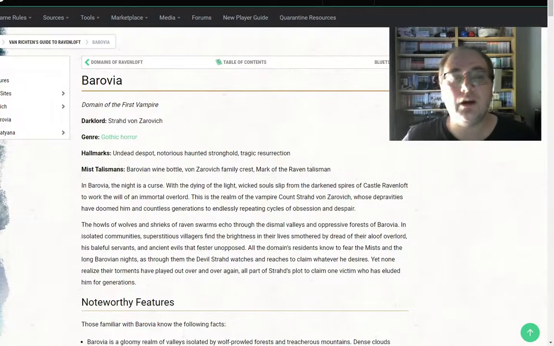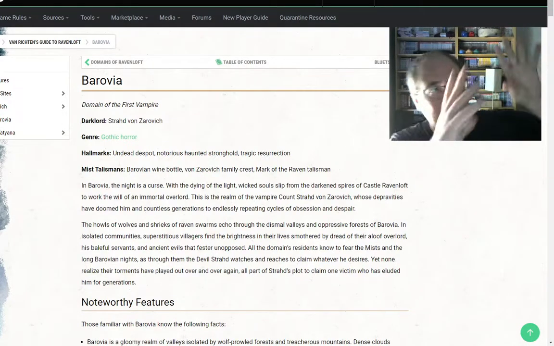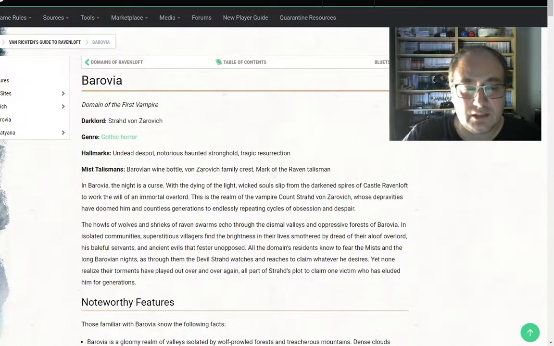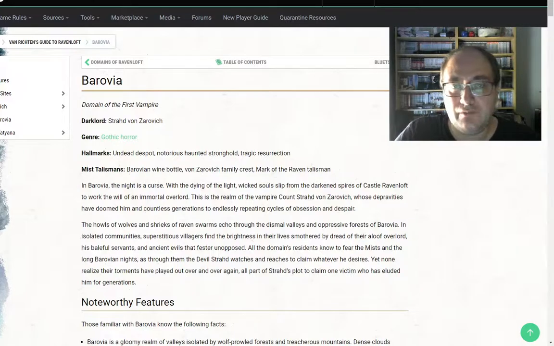Castle Ravenloft, where players would get sucked into this tiny, mist-shrouded village and surrounding area of Barovia, and of course the great castle Ravenloft looming over this tiny, hapless, besieged village.